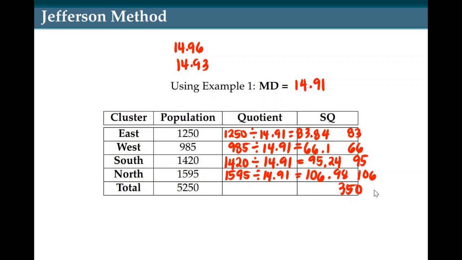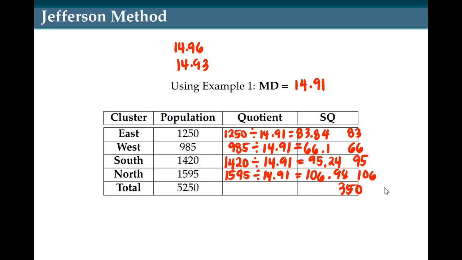And since the sum of the quotas is now equal to the number of sacks of rice to be apportioned, then 14.91 as our modified divisor is correct. But if we can find another divisor that will give us 350, then that divisor is also correct.